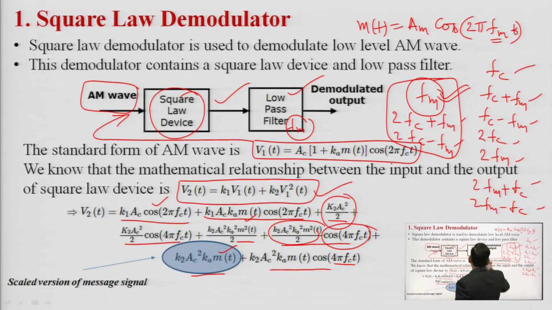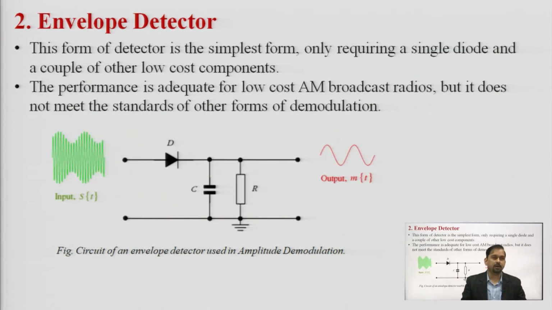In this way we achieve our message signal back, which is K2 Ac square Ka times m(t). This is nothing but a constant, which increases the amplitude of the message, but the frequency of the message signal remains the same, which is Fm. So this is the first technique, the square law demodulator.